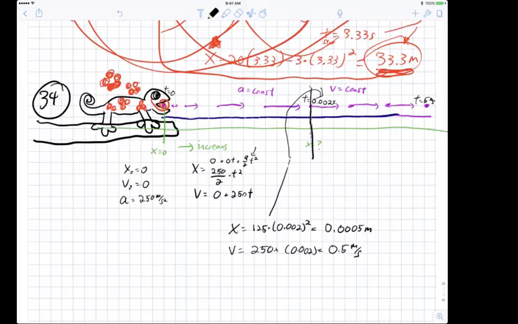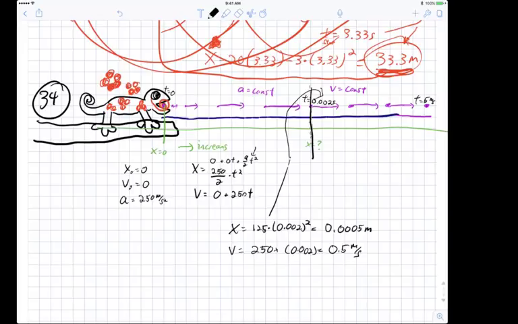Oh, you know what? I've got the order of magnitude wrong here in this question. The question doesn't say it accelerates for 2 milliseconds. It says it's going for 20 milliseconds. So use my correction color. Actually, you know what? Let's get rid of all this junk. All right.